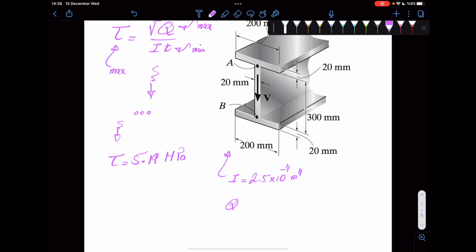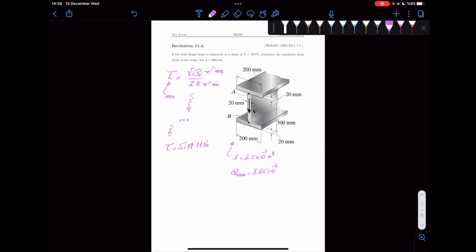Also Q max, we will talk about what Q max is, but this would be 8.65 times 10 to the minus 4. Q is just that area moment that we talked about previously. So this is the fourth exercise. We haven't talked yet about this shear problem. We will talk about it in the next lecture. So that was everything for this recitation today.